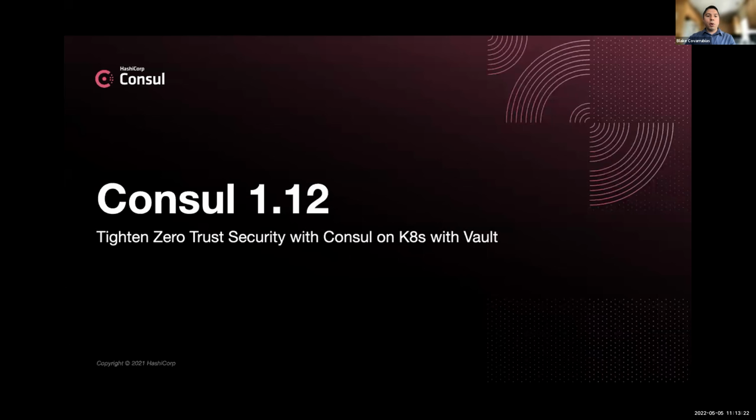And so what we want to talk about today is Consul 1.12 and some of the enhancements and work that we've done to tighten the zero trust security story with Consul and Vault and to better integrate them together.